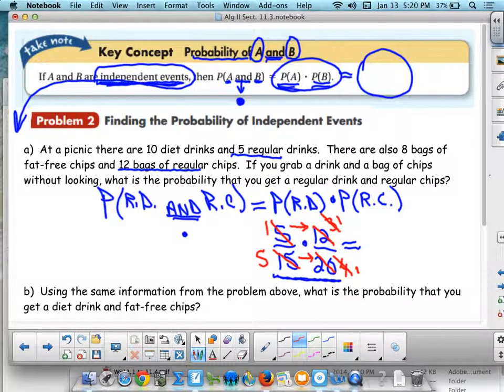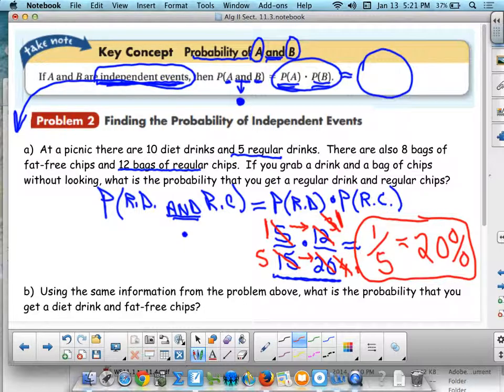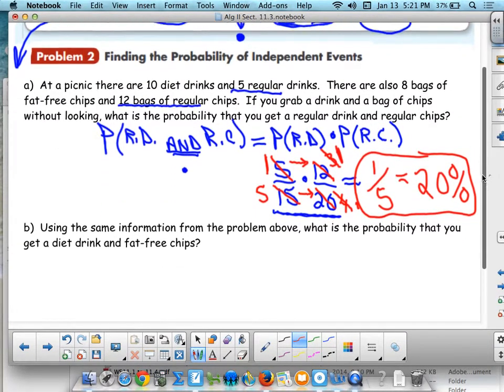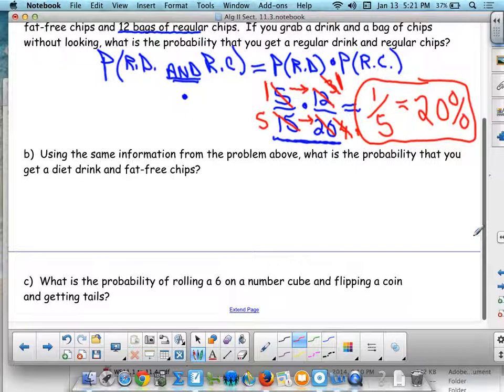I'm getting an answer on top of 1 times 1, which is 1 over 5. 1 over 5, the chance this happens is going to be 20%. Now these are independent events, so you just multiply the two probabilities and you get your answer. Okay? And I'm sure this is pretty simple for you, I hope.